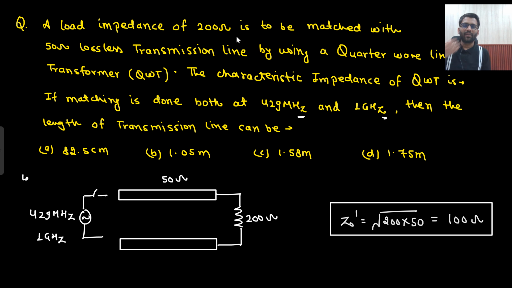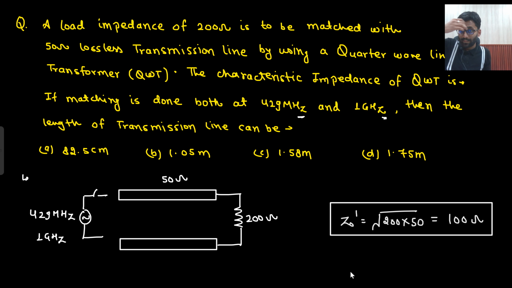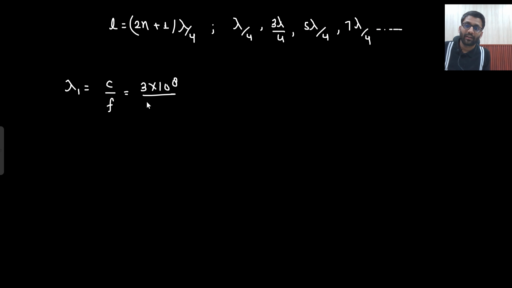I will assume air only, a lossless transmission line, so I will assume velocity equals C. So 3 into 10 to the power 8 divided by 429 megahertz. Mega. Okay.